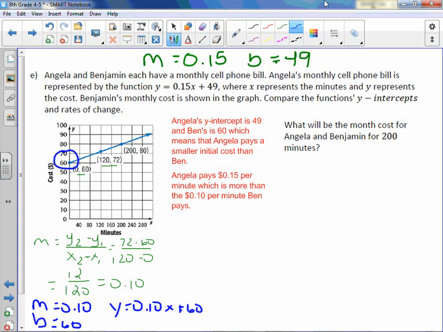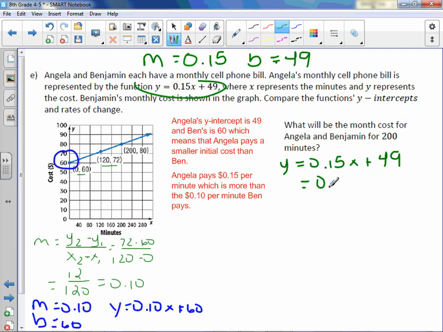Now for our second answer. What will be the month cost for Angela and Benjamin for 200 minutes? Well, we have both of their equations. Here's Angela's, so let's start with Angela's and plug in 200 minutes. Y equals 0.15x plus 49.